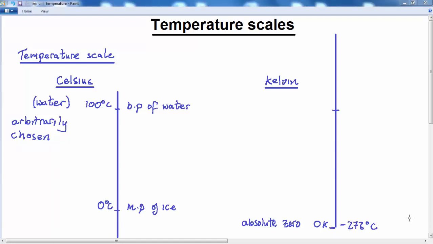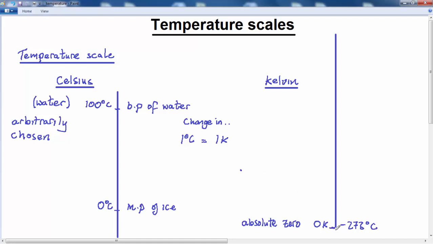Another important thing to point out is that in both scales, the Celsius and the Kelvin scale, the interval for temperature is the same. That's to say, a change of 1 Kelvin is exactly the same as a change of 1 degree Celsius. They are identical. So the intervals are the same.